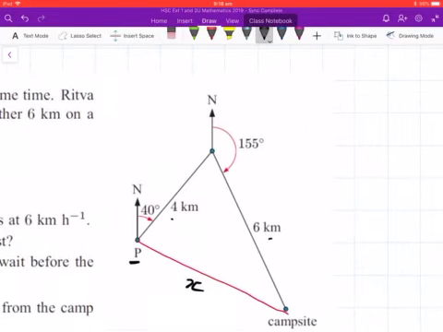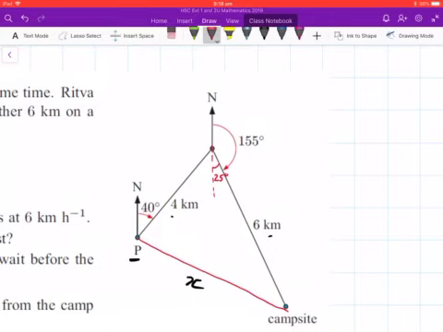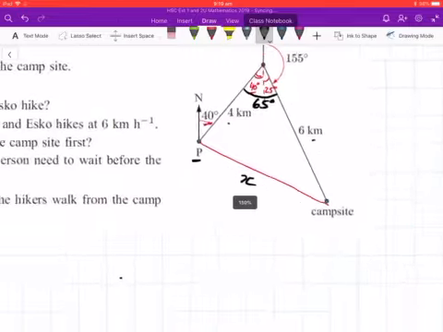What I'm going to do, and this is a good strategy, is split it, go straight down south here. Now this angle in here is 180 minus 155, which is 25 degrees. This angle in here is 40 degrees. The reason for that is, you notice 40 degrees is here and 40 degrees here. So that's alternate angles, which means that this total angle here is 65 degrees.